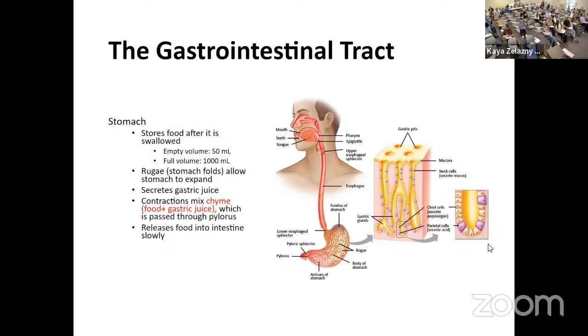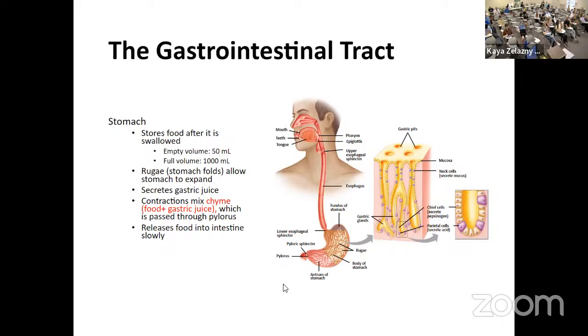Okay. So our chyme is what happens when we have food in the stomach mixing together with gastric juices that are coming out of the walls of the stomach. So this is zooming in, looking at the wall of the stomach, looking at gastric pits, so kind of like holes in the wall that lead us down into necks and then glands, essentially at the bottom here, where we are going to be secreting enzymes and acid.